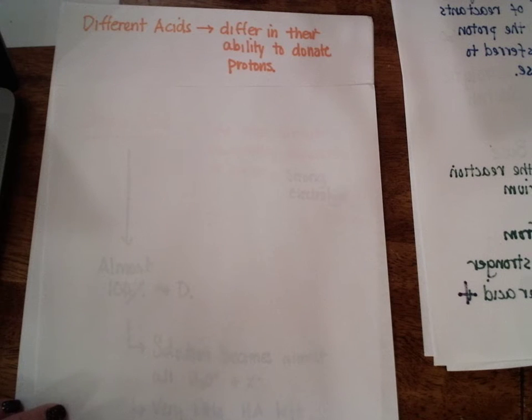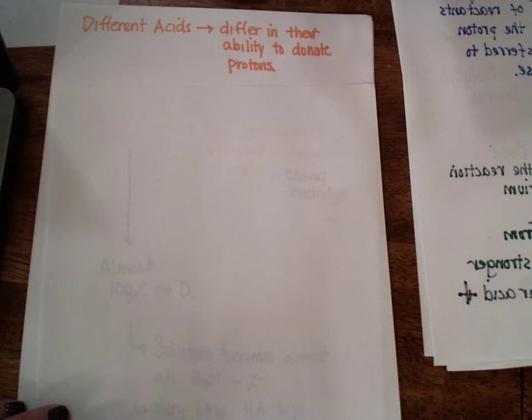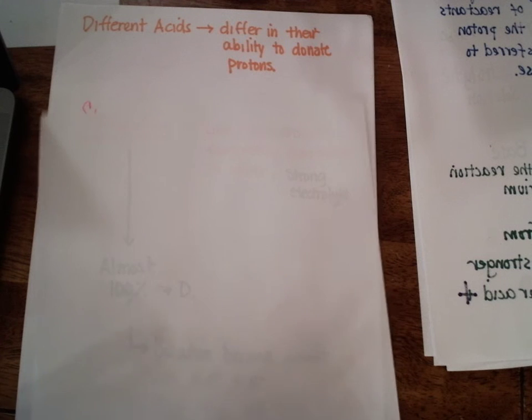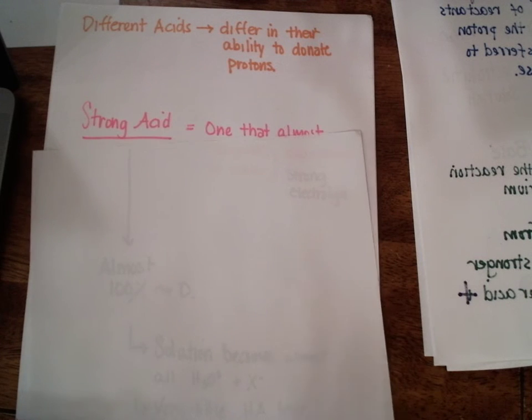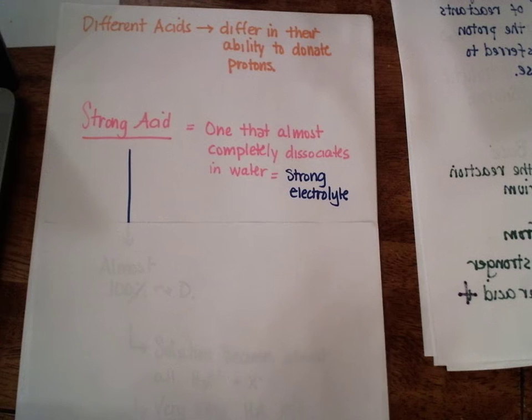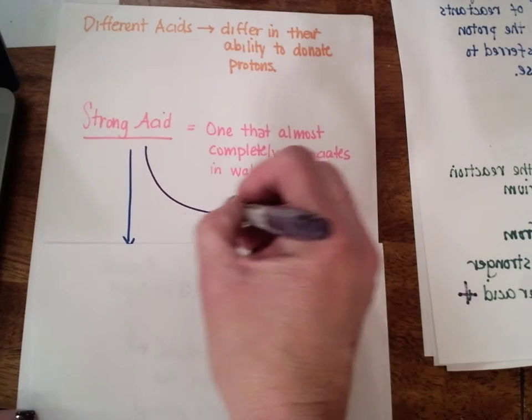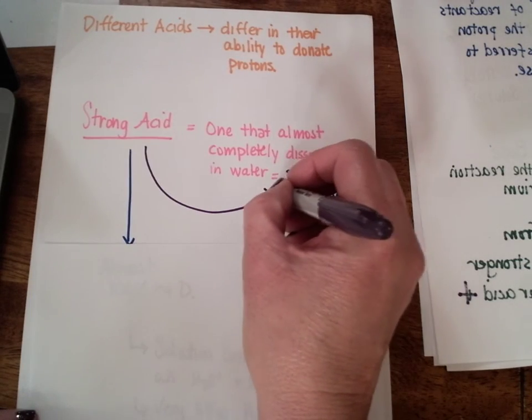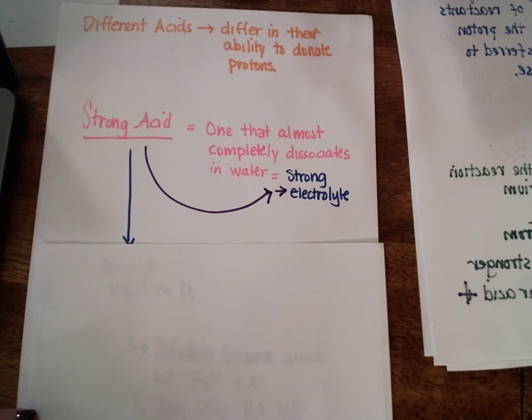When I look at this, I think, oh my gosh, there are so many different kinds of acids. I know that different acids differ in their ability to donate protons. So if I have a strong acid, then I have one, as we've said before, that almost completely dissociates in water. A strong acid is the equivalent of a strong electrolyte.